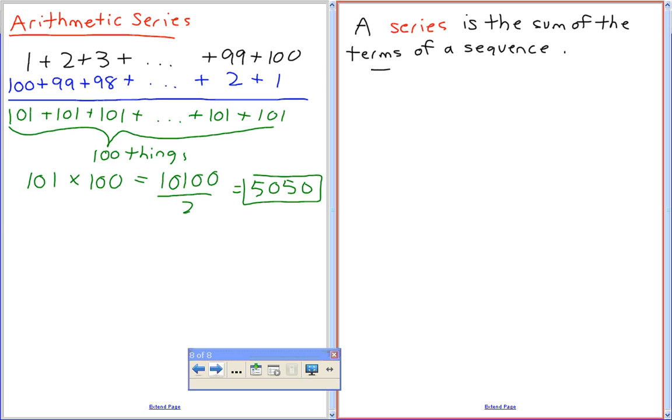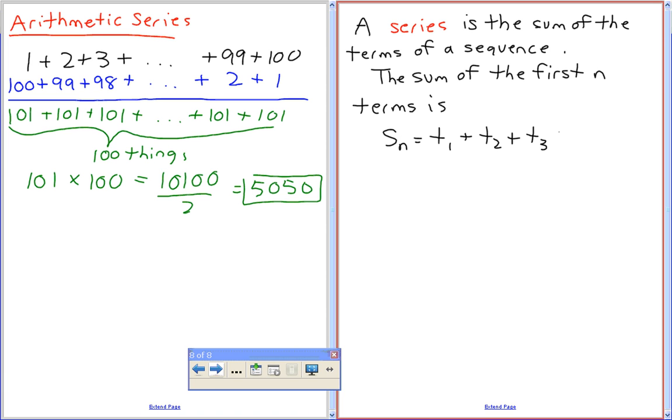The sum of the first n terms is Sn equals T1 plus T2 plus T3 plus ... plus Tn. Right, so when I say Sn, that means the sum of the first n terms.